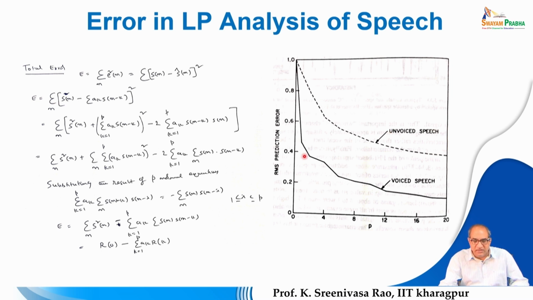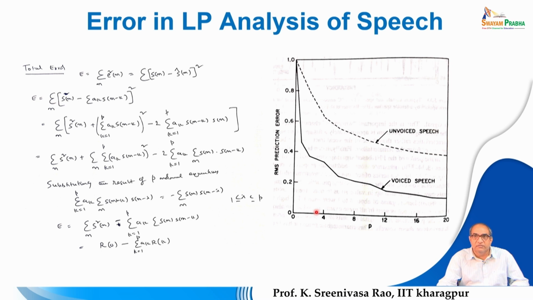It is evident from here that as the prediction order increases, in case of voiced speech, there is a sudden decrease in the error for every increment of the prediction order. The error decreases drastically to a very low value in voiced speech, because the samples are correlated and very much related in voiced speech.